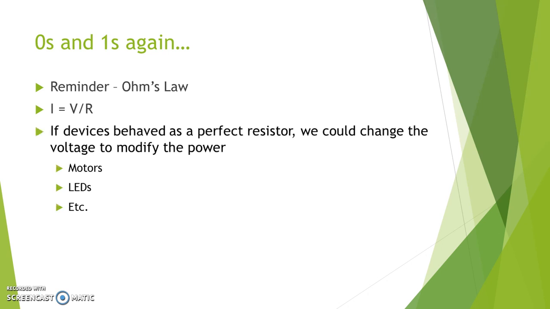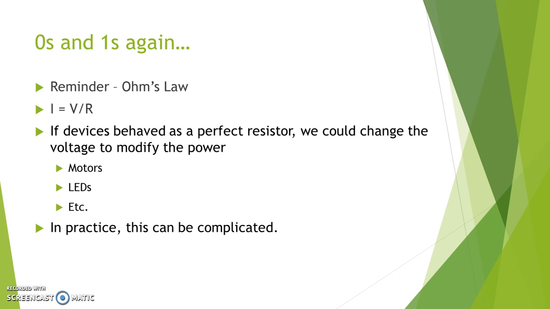And when we know that then that current can be controlled by voltage for a perfect resistor, in theory we could do things like change the power of motors and LEDs, etc., just by simply changing the voltage. And in practice this can be complicated.